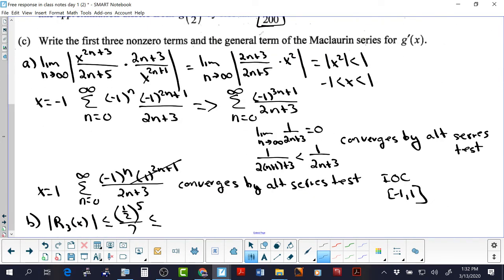That's less than or equal to 1 over 32 times 7, because 2 to the 5th is 32. And 7 times 32, that's 4, carry the 1, 224, which is less than 1 over 200.